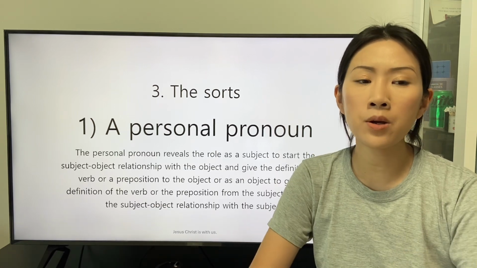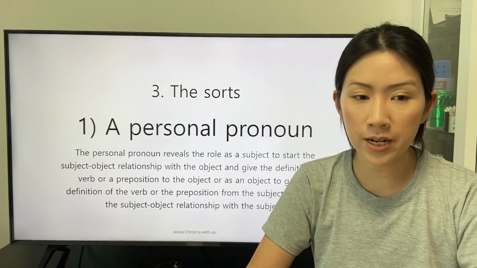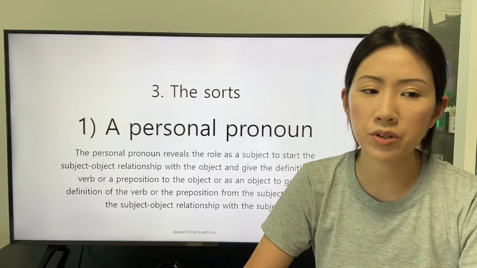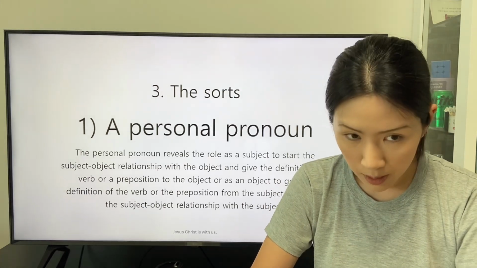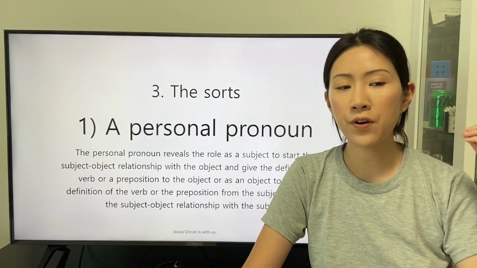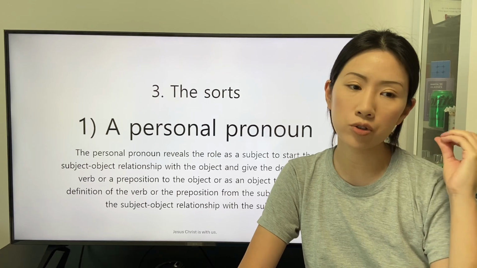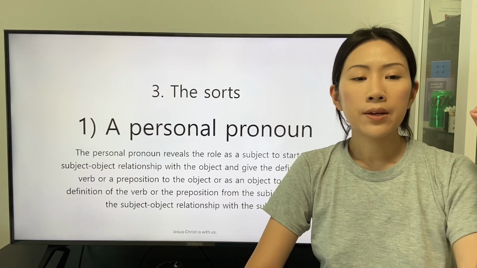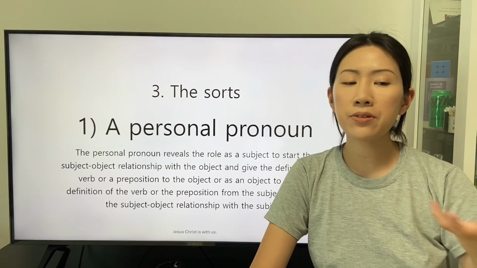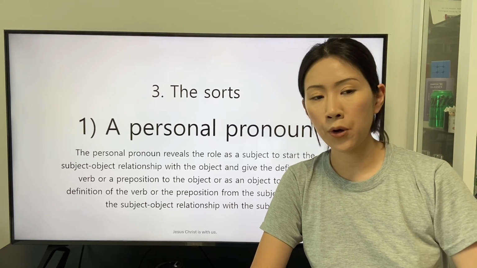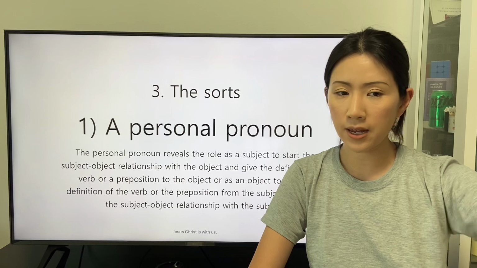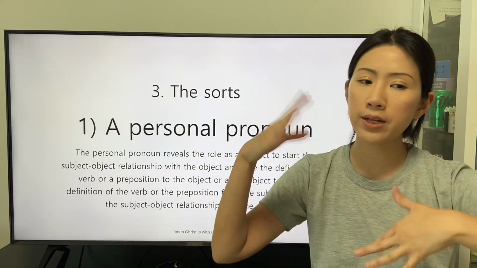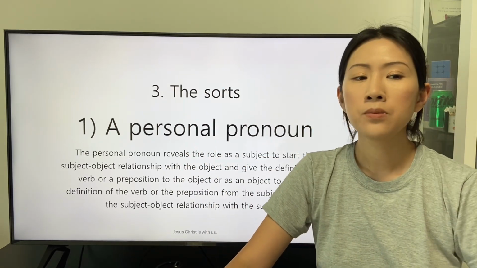The personal pronoun reveals the role as a subject to start the subject-object relationship with the object and give the definition of a verb or a preposition to the object, or as an object to get the definition of the verb or the preposition from the subject and finish the subject-object relationship with the subject.